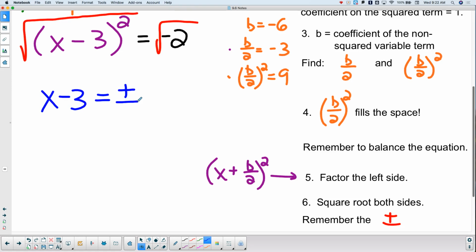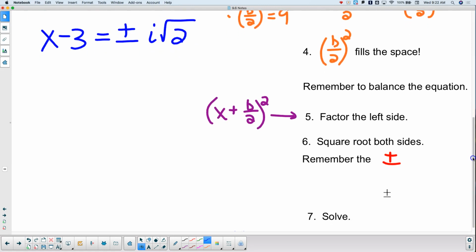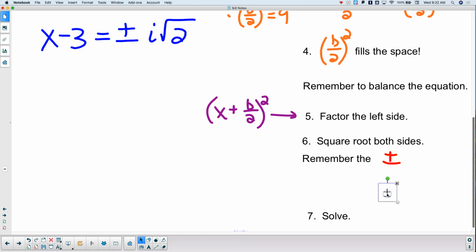Square roots of 2. Okay, so I'm there now. And lastly, I can solve that equation. Oops, there was that plus minus. And lastly, get rid of that.